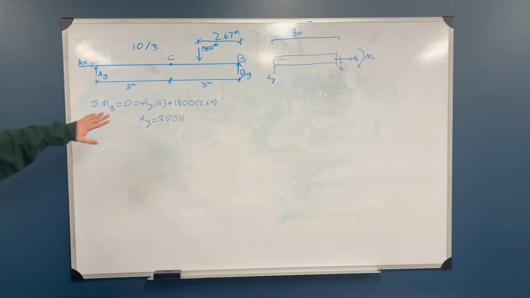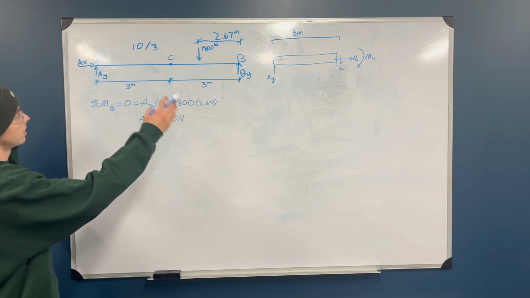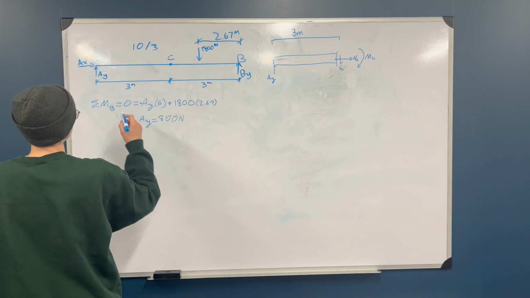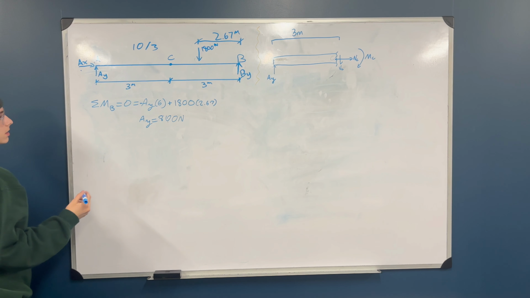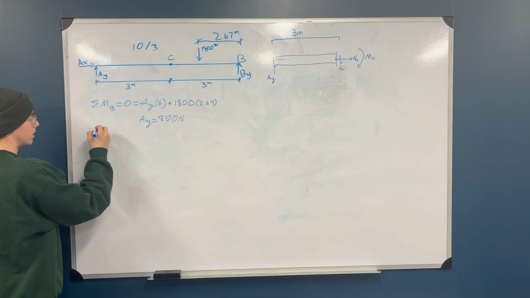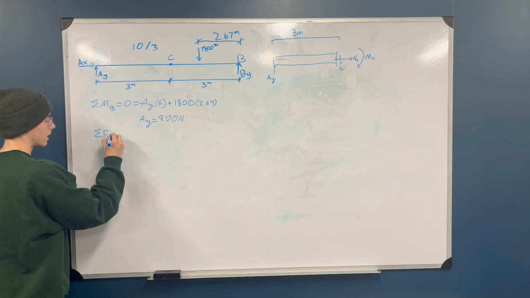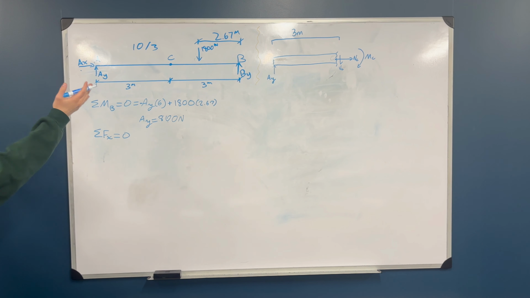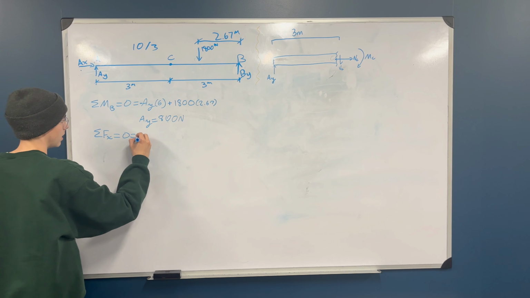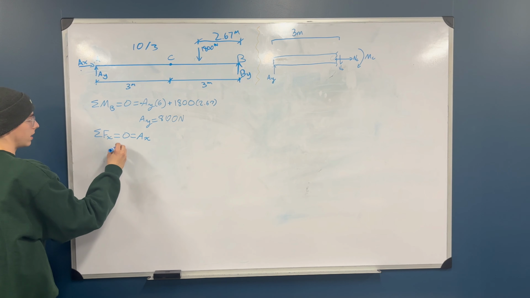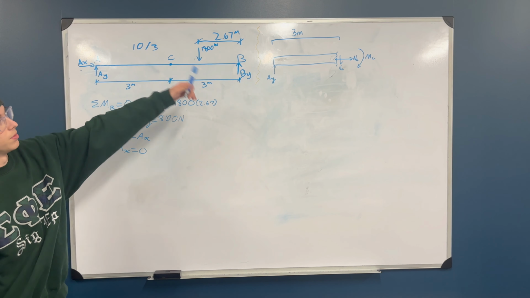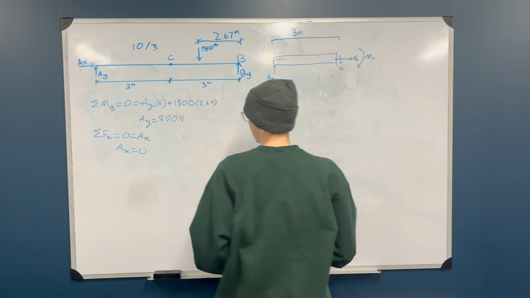Once we have our support reactions, we can go over here. But we need to solve for the second support reaction, AX. Sum of the forces in the x direction equals 0. Looking up here, I only see one thing in the x direction, which is AX. So AX is equal to 0. That is also why we did not draw AX over there, because it doesn't exist.